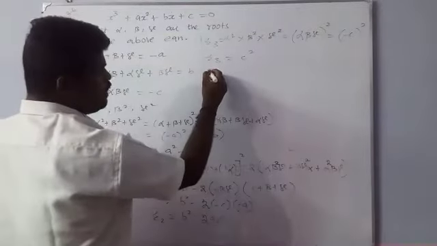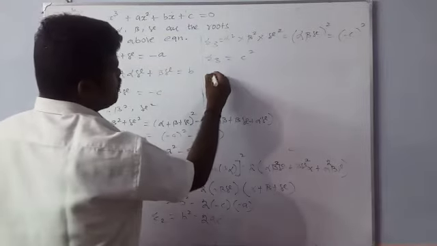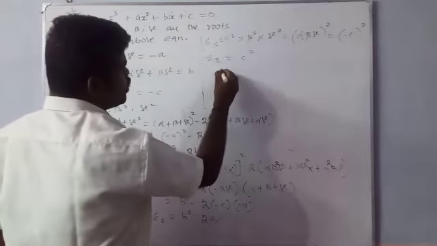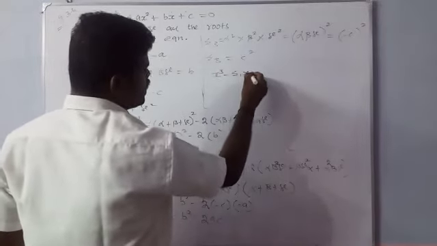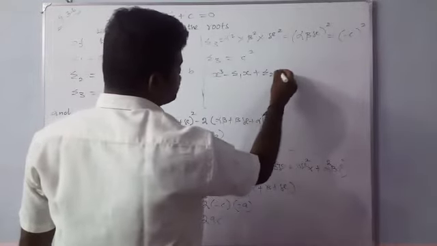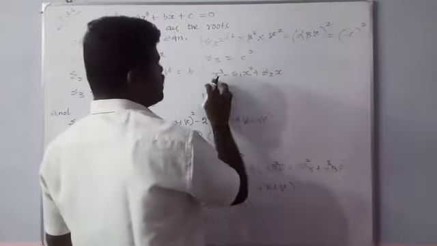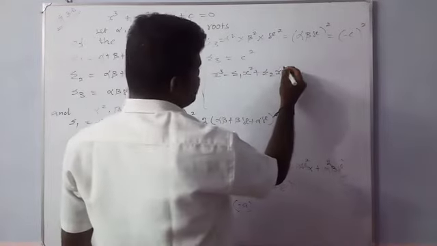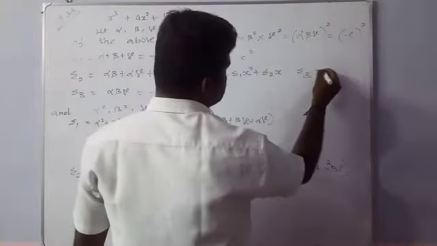Okay, already you know Vieta's formula. What is the formula? The cubic: x cube minus summation 1 into x square plus summation 2 into x minus summation 3 is equal to 0.